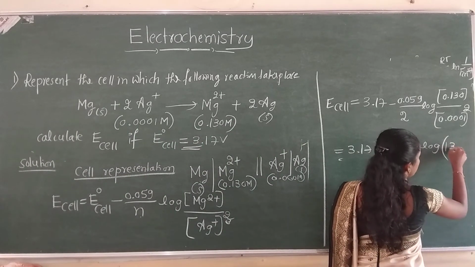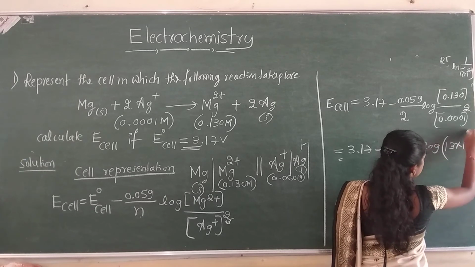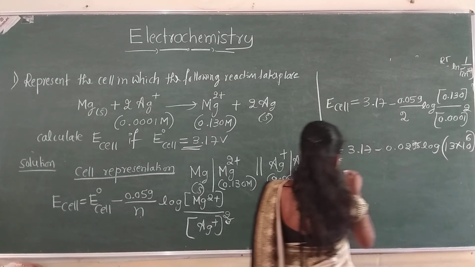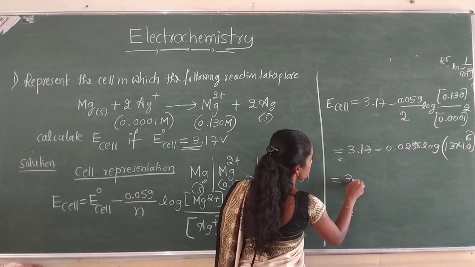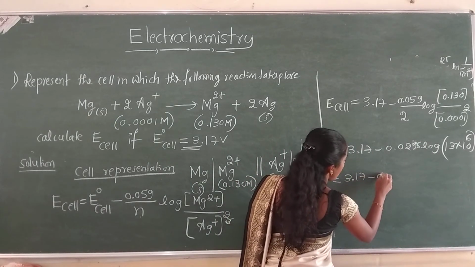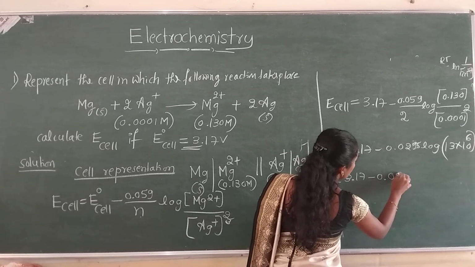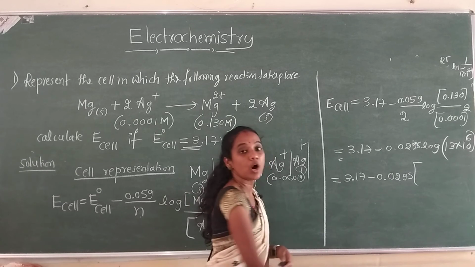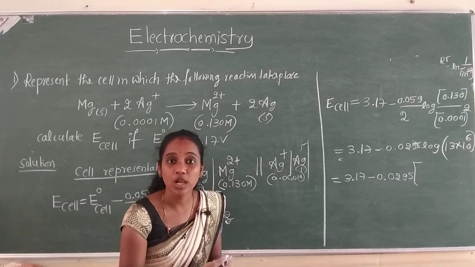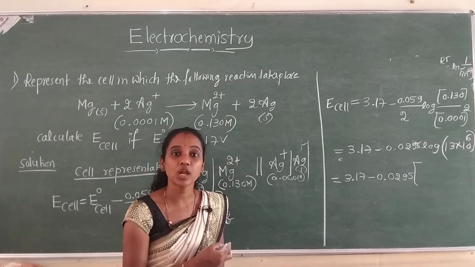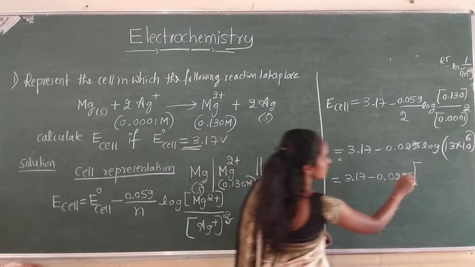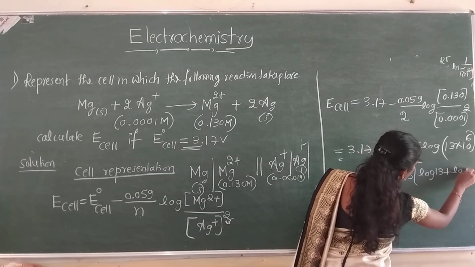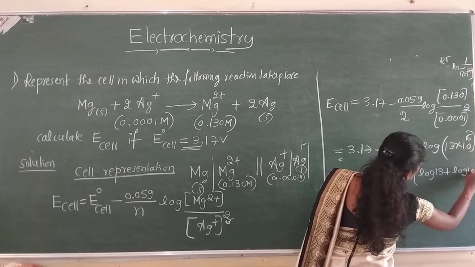Please check, okay, 13 into 10 to the power 6. So, which is equal to 3.17 minus 0.0295. Here log of m into n is of the form log mn. What is the formula? Log m plus log n. So, log m plus log 10 to the power 6.